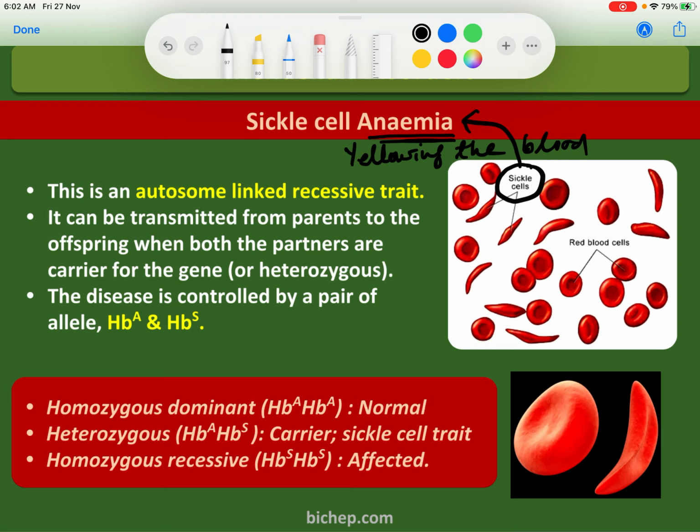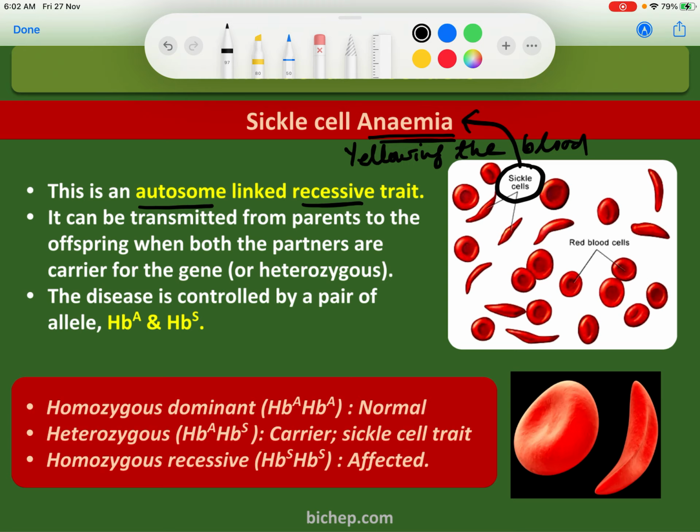First, what kind of disease is it? It is an autosomal recessive trait, and it can be transmitted from parents to offspring when both parents are carriers for the gene.